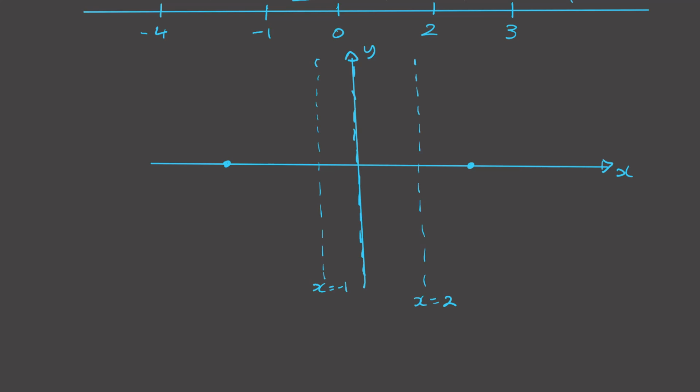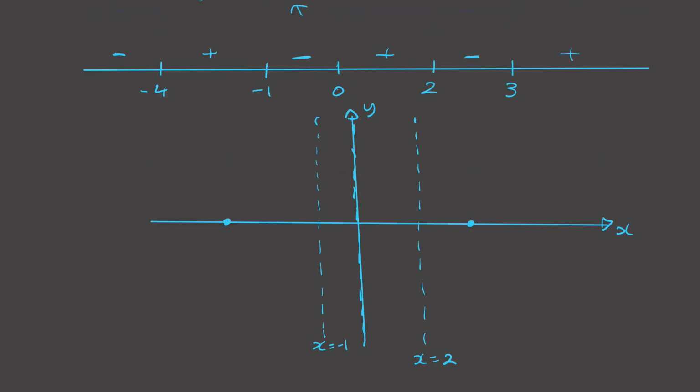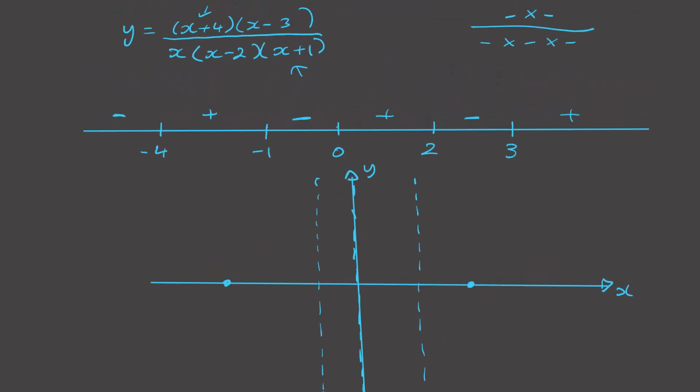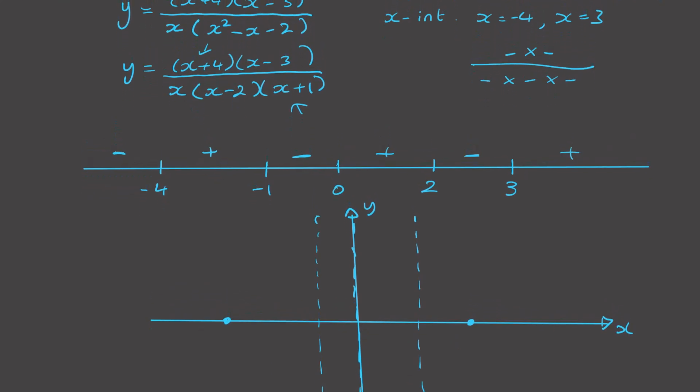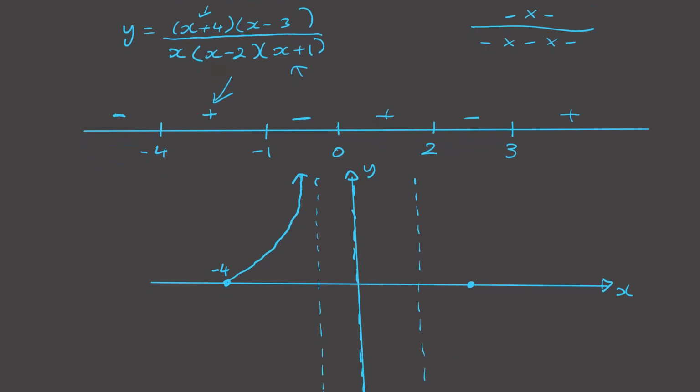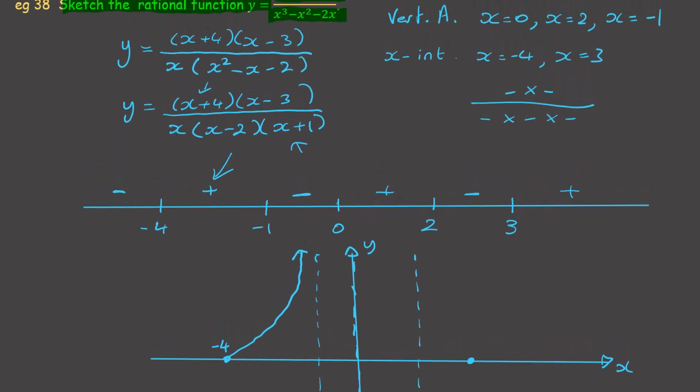Okay, the shape of this is going to be quite interesting. I'm going to start in the second section, this one. We know it has to be positive there. And we also know there's an asymptote over here and the intercept that is over here at negative 4. But what's going to happen as we go left from there?